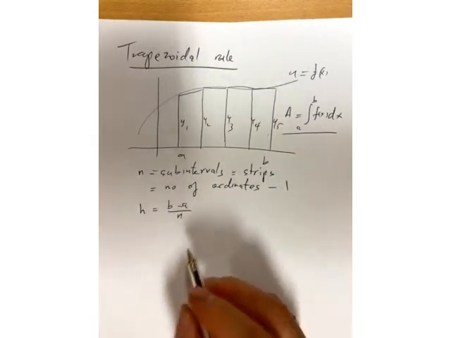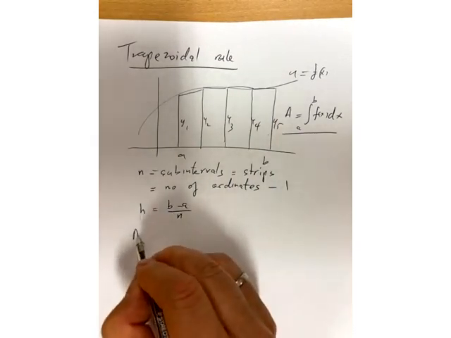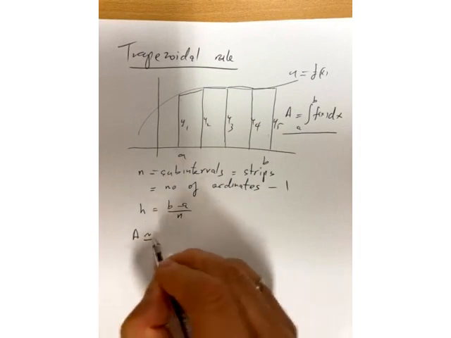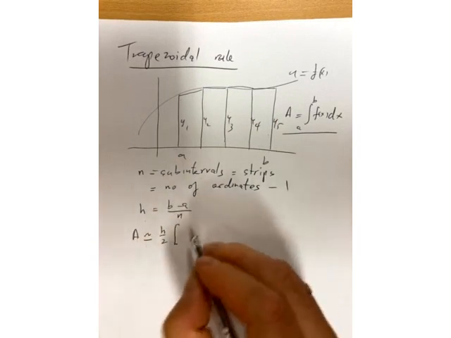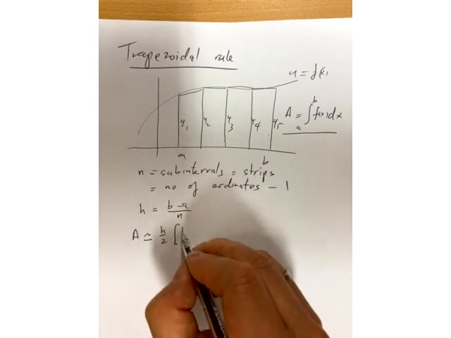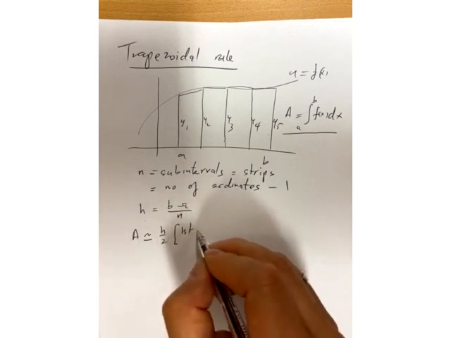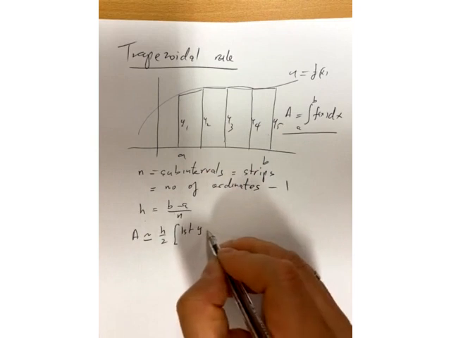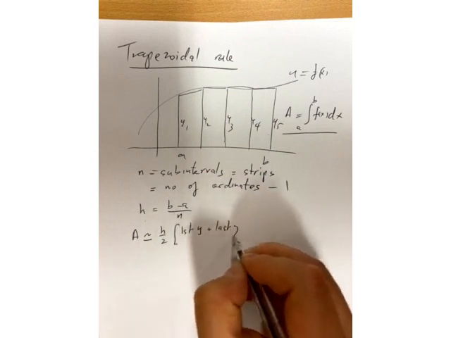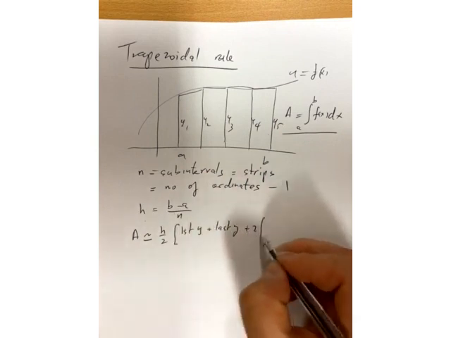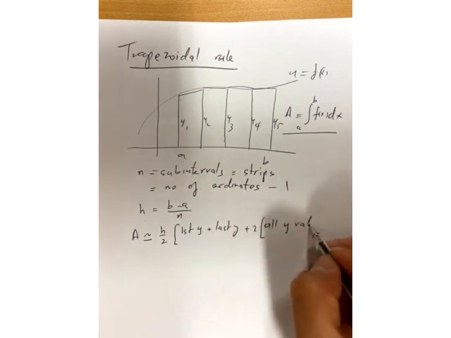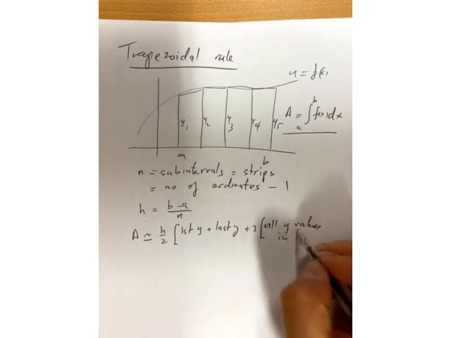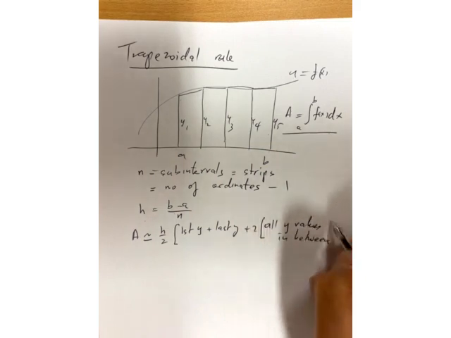And to cut a long story even shorter, the area is approximated by, not equal to, the formula h on 2, and it's a formula, so you have to take it at face value. The first ordinate, the first y value, plus the last y value, plus twice everything else in between, all the y values in between.